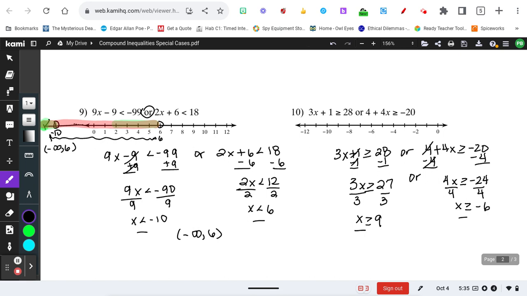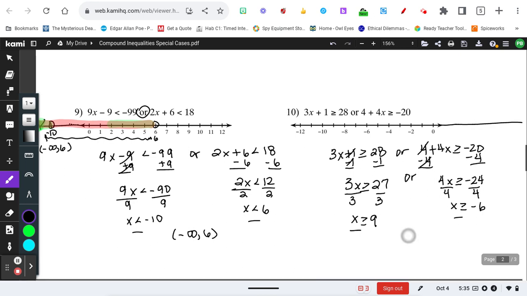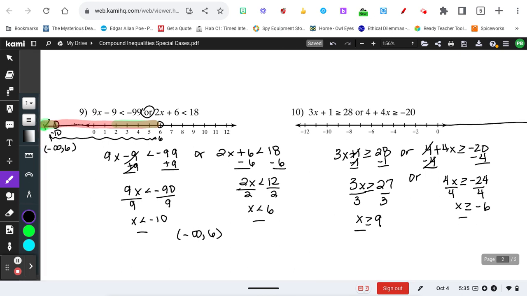Let's get 9 out of the way. 9 somewhere over here, guys. Negative 1. That's these people. All right, I'm going to try to make it fit.